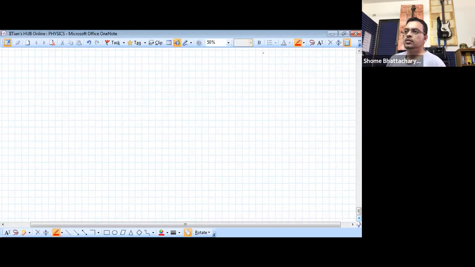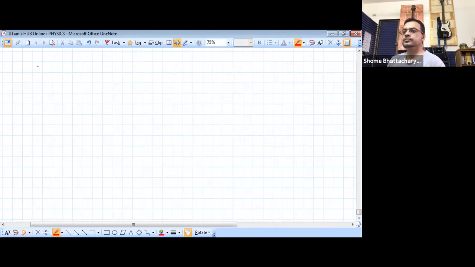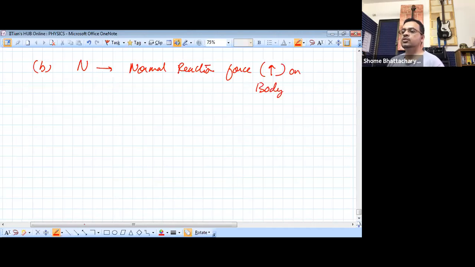Now next thing you'll see is for the second part. There's a normal reaction force that is acting upwards on the body. So if I just concentrate on that force for the moment.